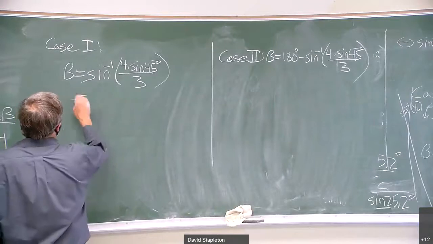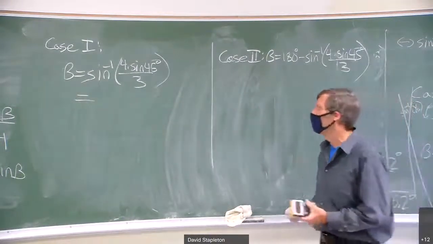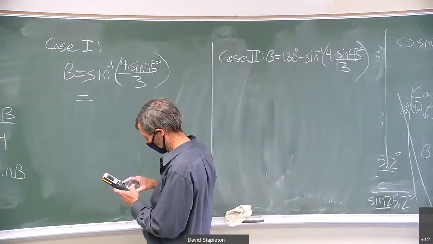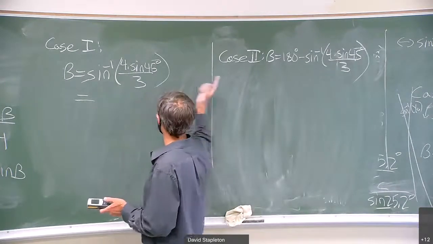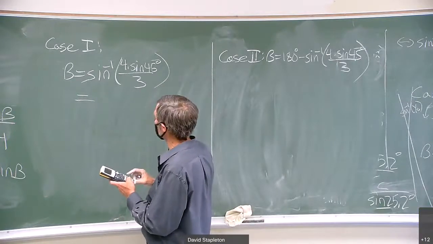So let's see, what's the arc sine? We'll run it in the calculator. And if we get a domain error, we know there's no solution, right? Then we have to compute this angle and see if it's too big to see if there's 1 solution or 2 solutions.